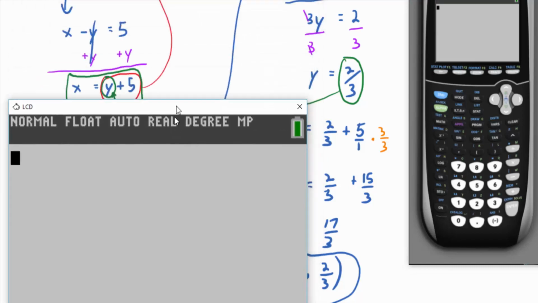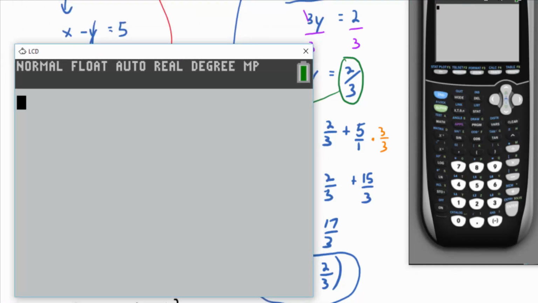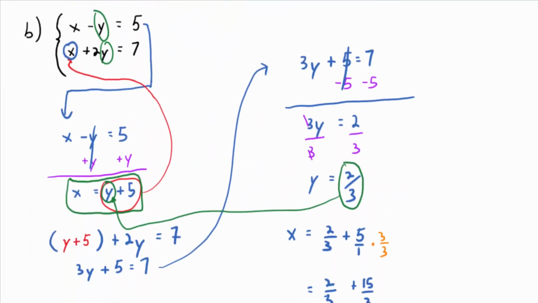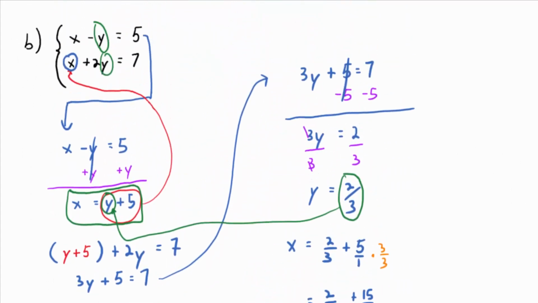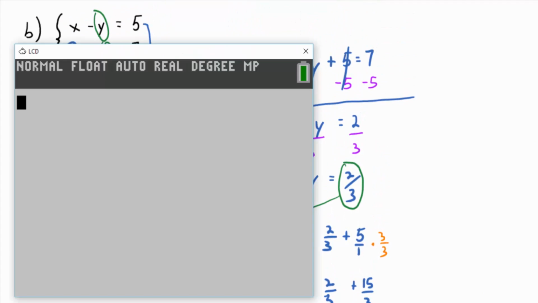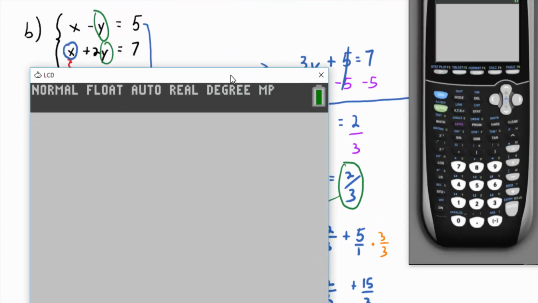If you look at the original set of equations, I need to scroll back up here. There's the original set of equations. We're saying 17/3 and 2/3 are the solutions. So if I take x minus y equals 5. Now, I guess I don't really need a calculator for this one, do I?